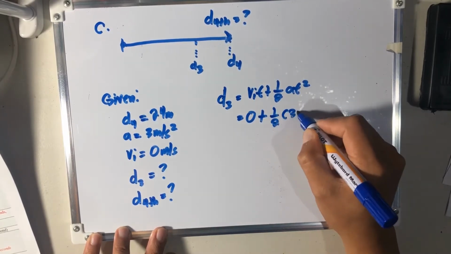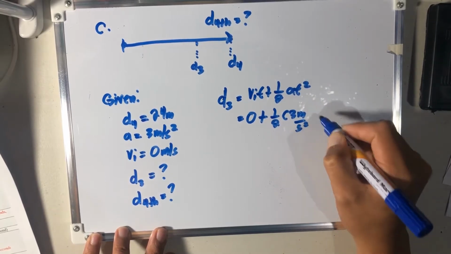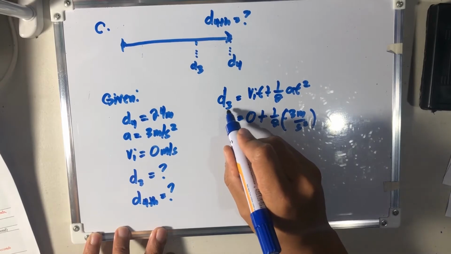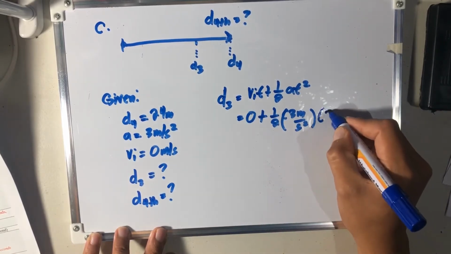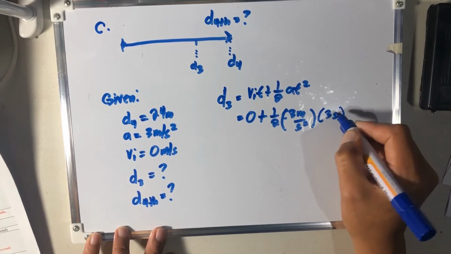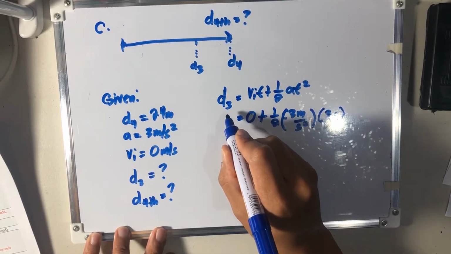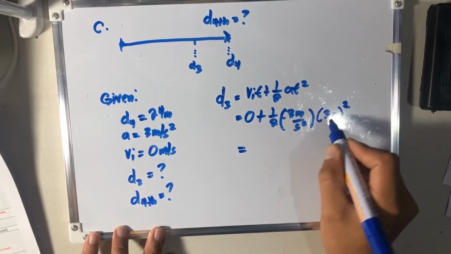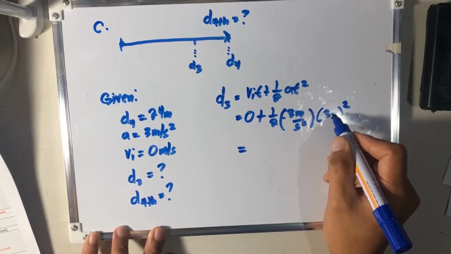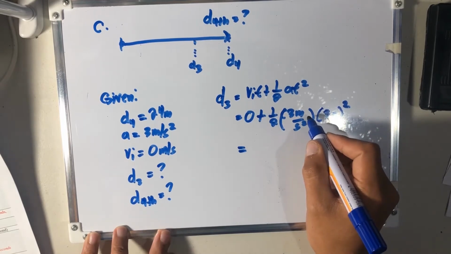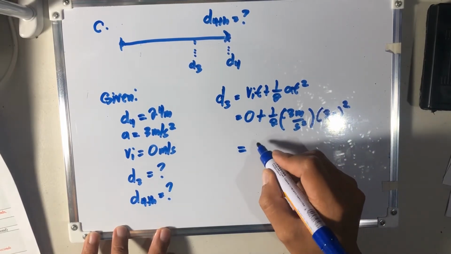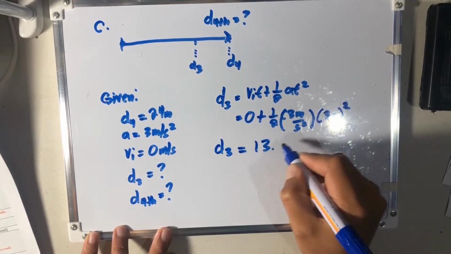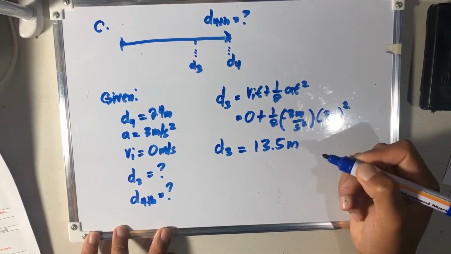Acceleration is 3 meters per second squared. However, we are looking for the distance at 3 seconds, so time will now be equivalent to 3 seconds. Take note, distance after 3 seconds, so this will be squared. So this will now give us 9 times 3, then divided by 2. So the distance at the end of 3 seconds is 13.5 meters.